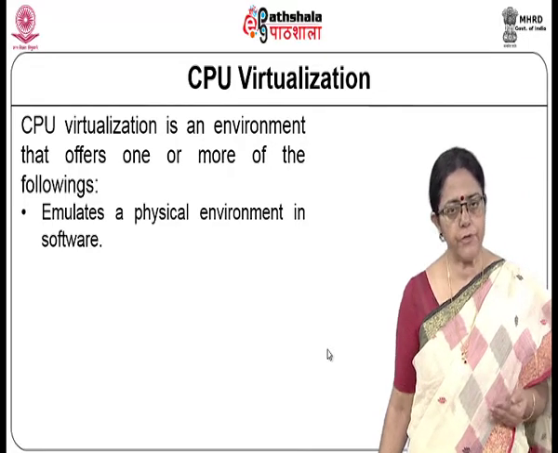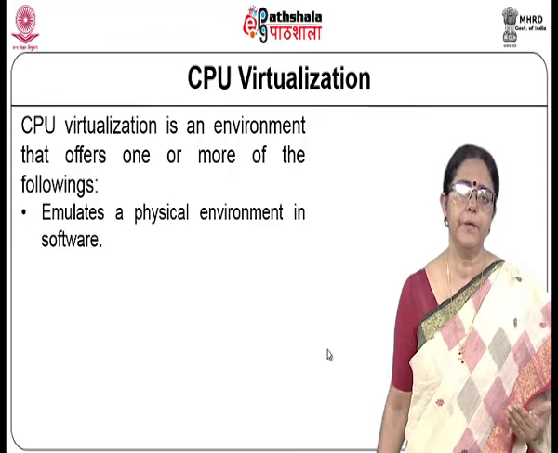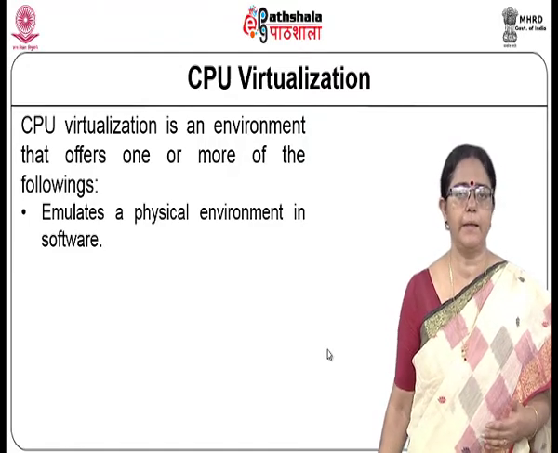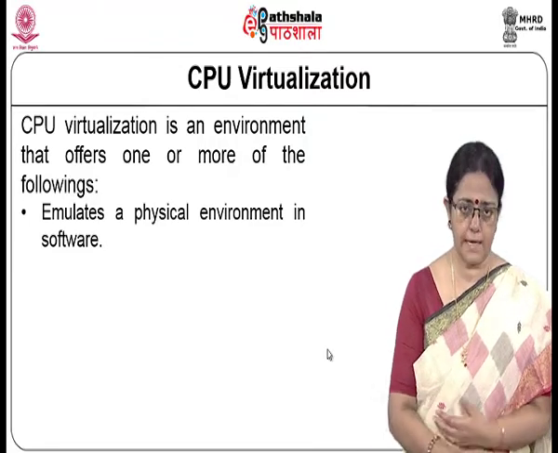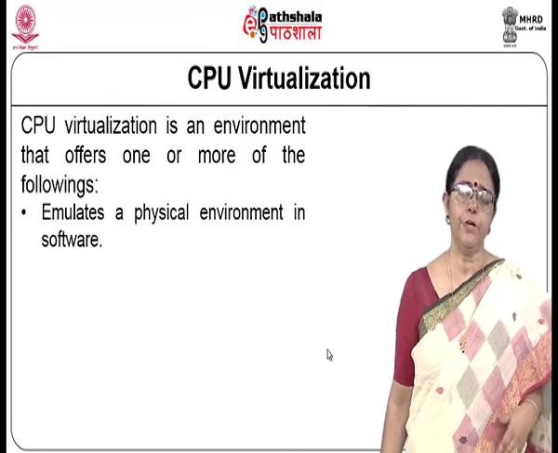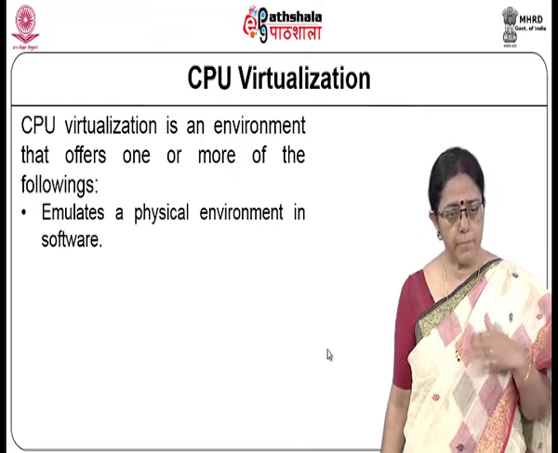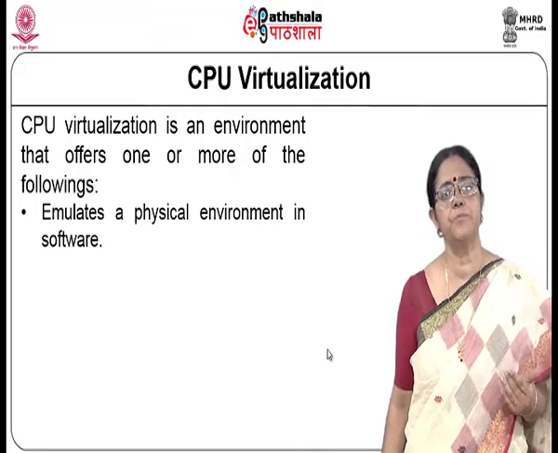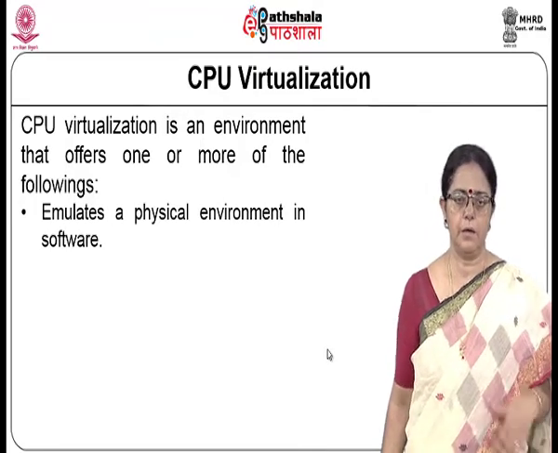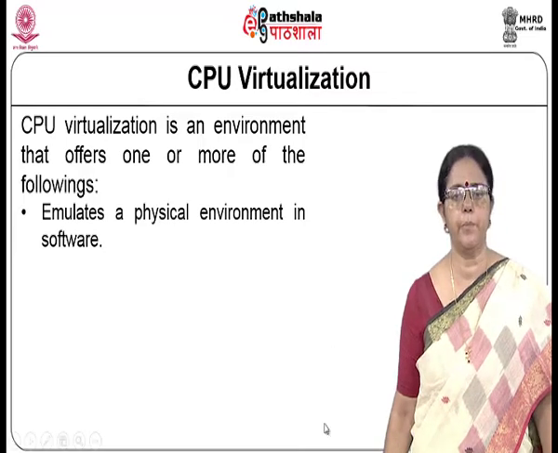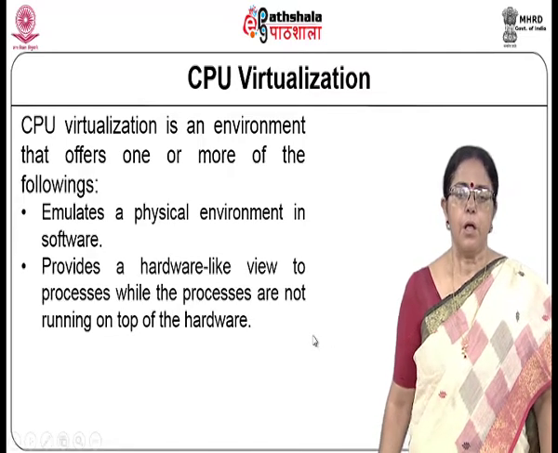So, a software can behave in a similar manner to a physical environment, and therefore can allow a program that is written for one hardware to run on a different hardware. We will talk about this emulation process.